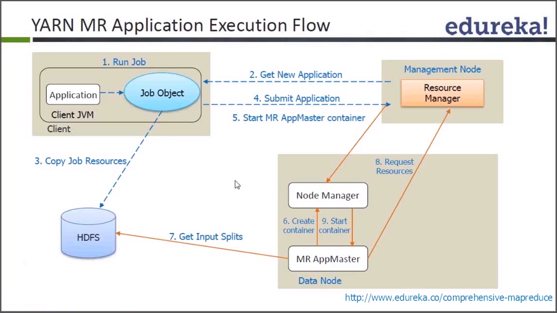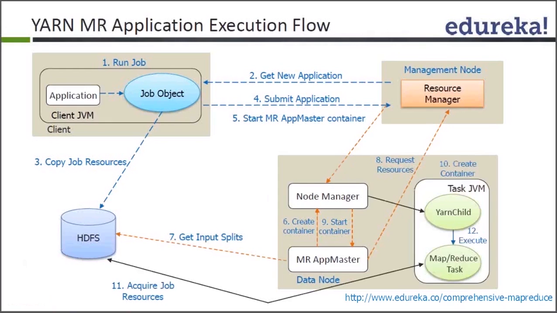And then you will see the node manager will actually start the container. That is step number 10. But before step number 10, step number 9 is the container would be started by the node manager. It will create that container on step number 10. The MapReduce task will actually go ahead and get the resources from the HDFS, and the execution would happen. These are the 12 steps that we have over here.